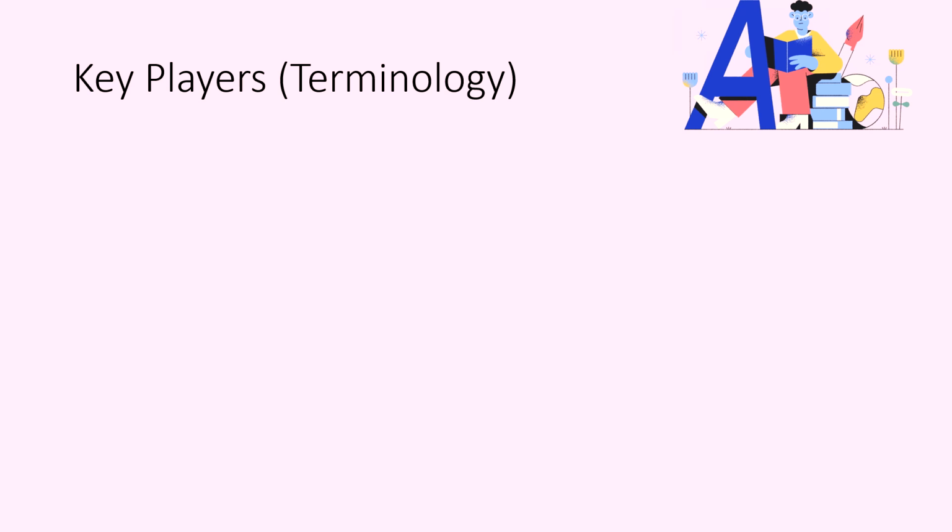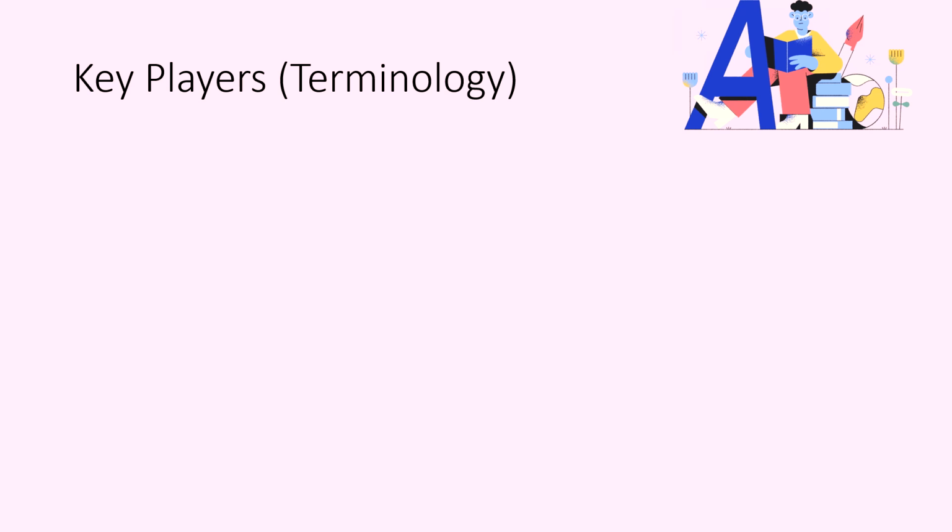So we need to have a look at key terminology that you will probably encounter in problem questions, essay questions, exams, whatever might be coming up. So it's really important to know at least those key bits of terminology.